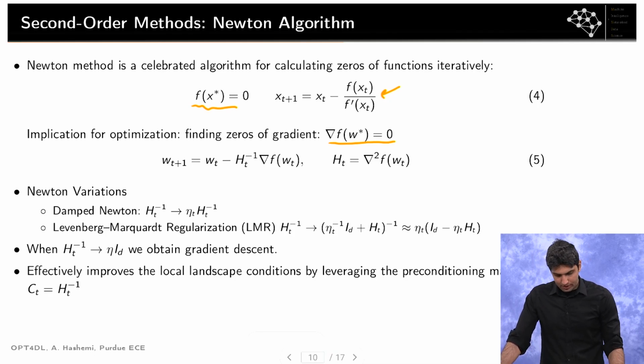Then we can apply the Newton method exactly as I've written here. You go from the current solution to the next one by following the Newton update. In this case, you need the inverse of the derivative of the gradient, that is precisely the inverse of the Hessian times the gradient. Okay. So Ht is the Hessian of the function, the second order derivative at wt. This is a shorthand notation that I'm going to use for the rest of the lecture.